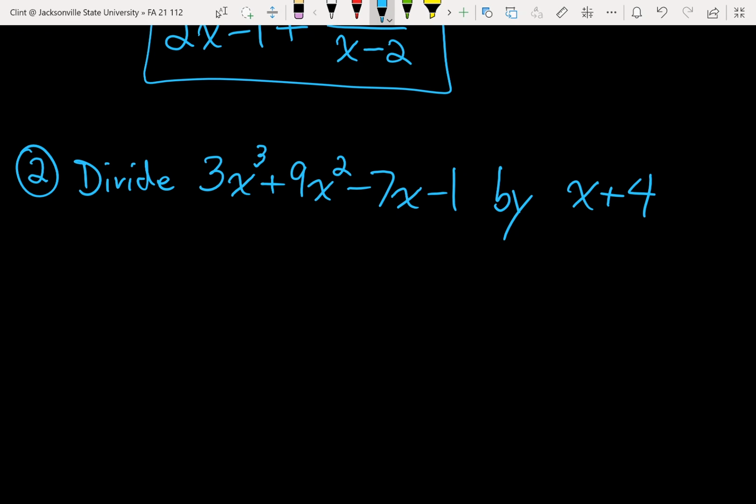You don't see like x squared or x, so we do have x to the third power. If you're missing the power, you can put a placeholder. The next one uses a placeholder, so yeah.